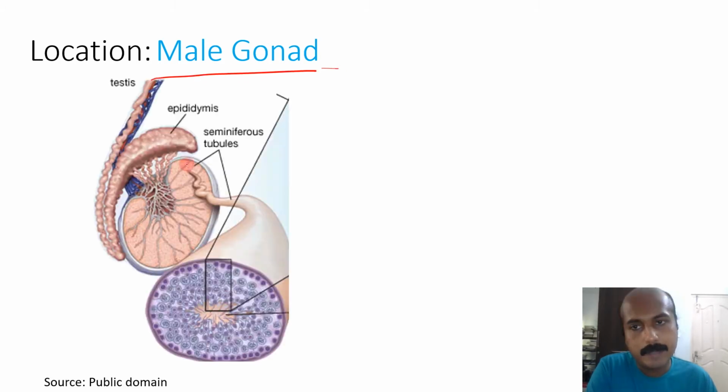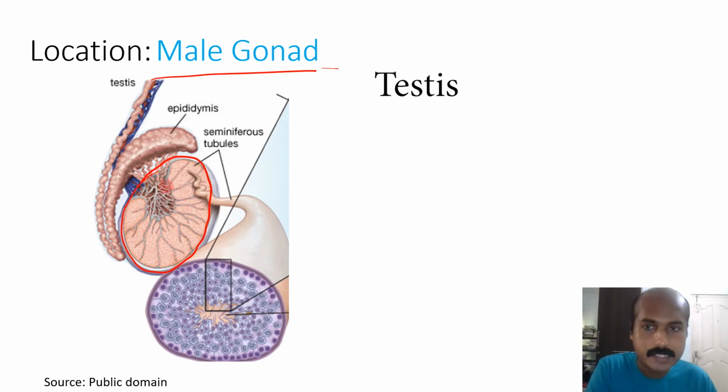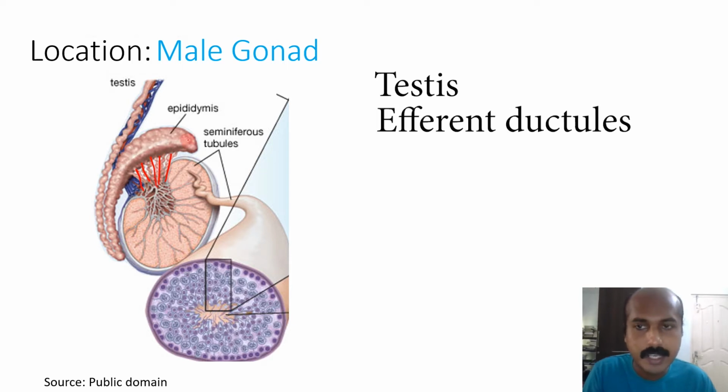Where does spermatogenesis occur? Of course, spermatogenesis is male gamete formation, so it should occur in the male gonad. The male gonad is the testis. This is a schematic of the testis. This is the site of sperm formation, and within the male gonad, sperms will form, and that will communicate through duct systems called efferent ductules into this structure called the epididymis.